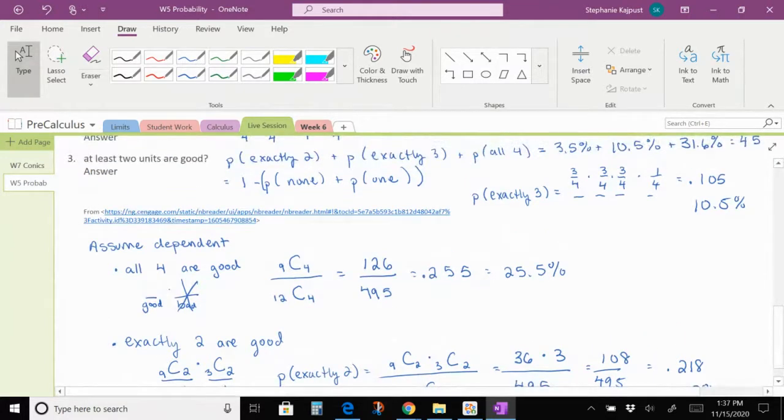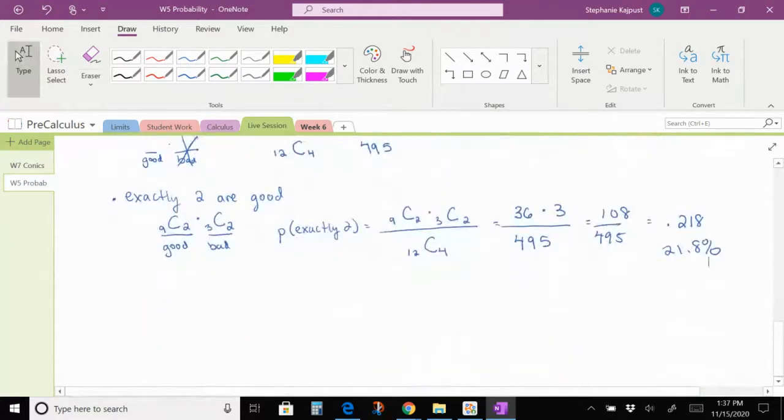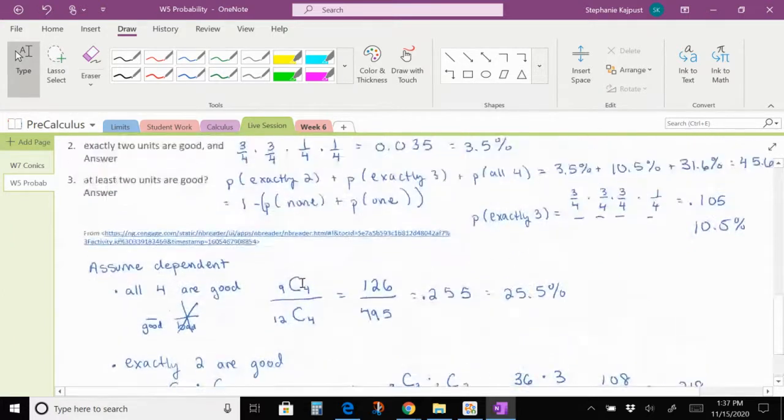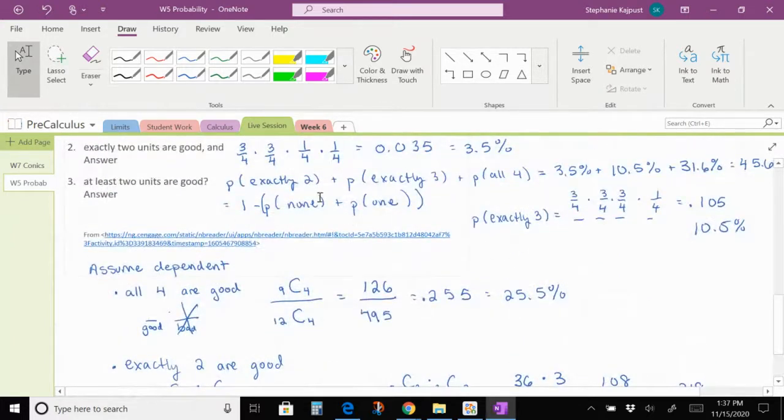Now, the last one was at least 2 units are good. This was set up the same way that we did it before, where you can either do 1 minus the probability that none of them are good, or one of them is good, or you can add your probabilities.